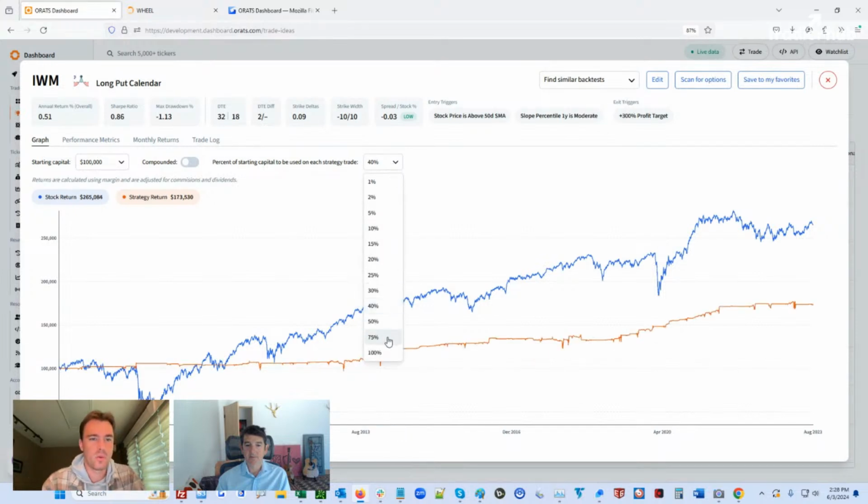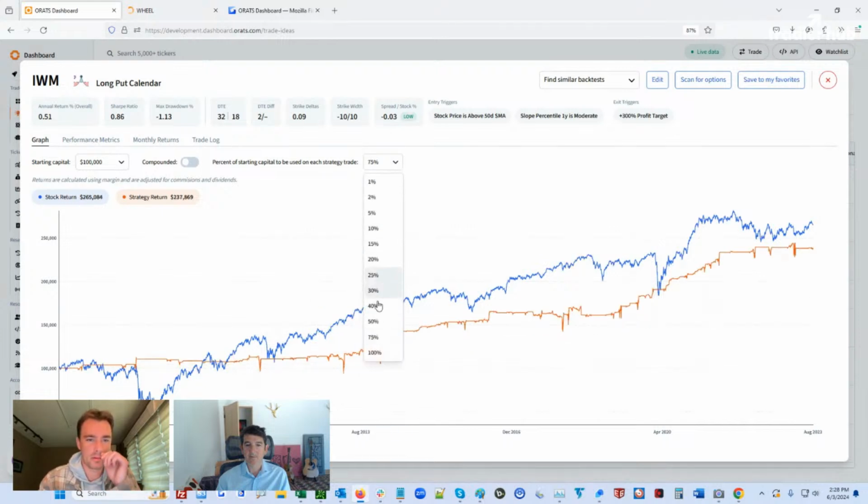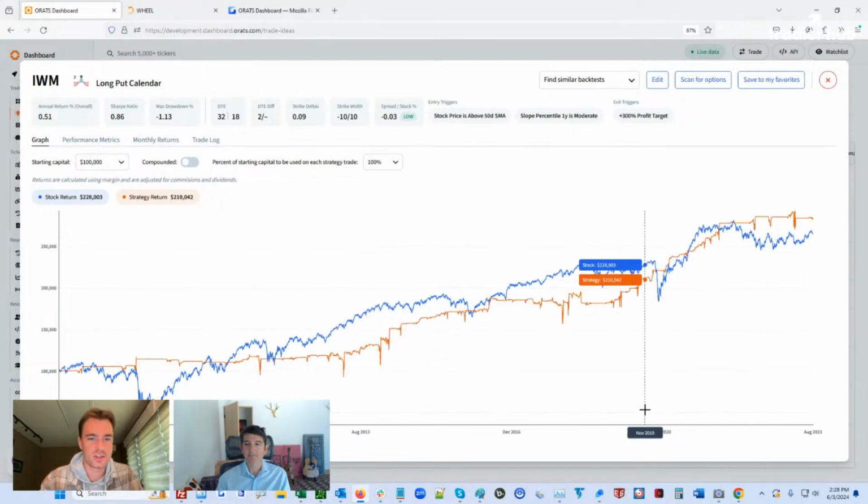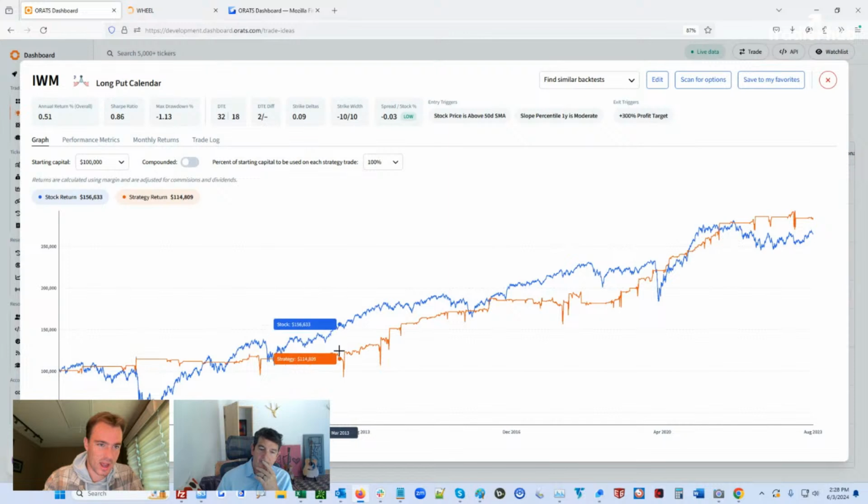So we have this percent of starting capital to be used on each strategy trade drop down that you can change. That essentially invests a percent of that $100,000 starting capital, which you can also change on the left. It's an easy way to see how much I would have had to invest to match the dollar return there.